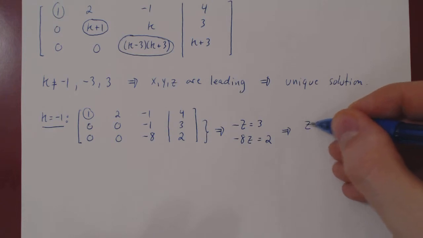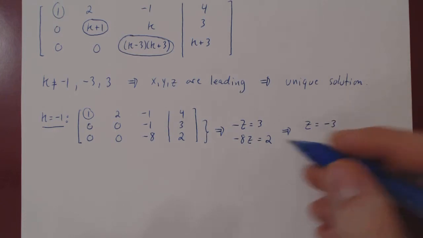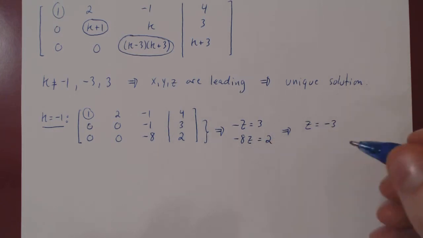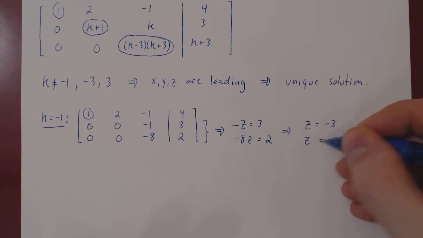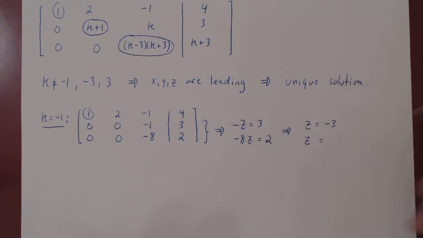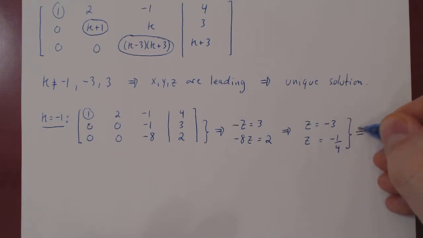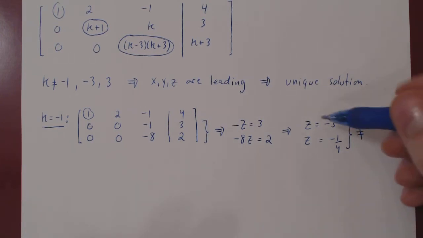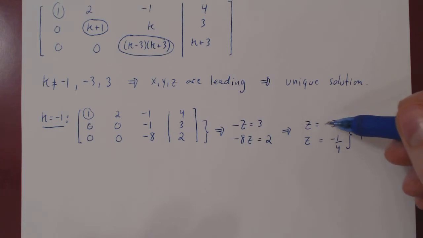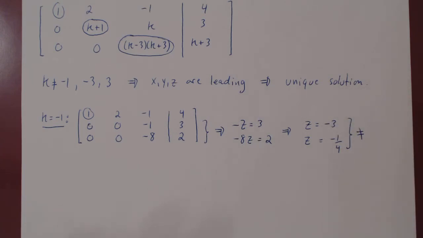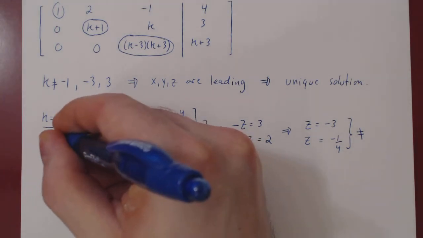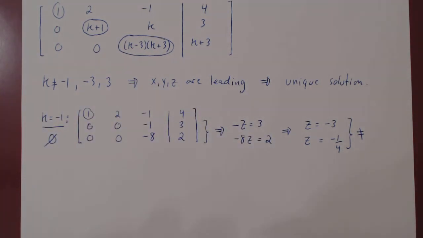Z is -3 is our first conclusion. If you multiply by -1/8, you get that z is, well, -2/8 is -1/4. Clearly, both are different, so it's impossible that z is at the same time -3 and -1/4, so the system is clearly inconsistent. Therefore, when k is -1, there is no solution.